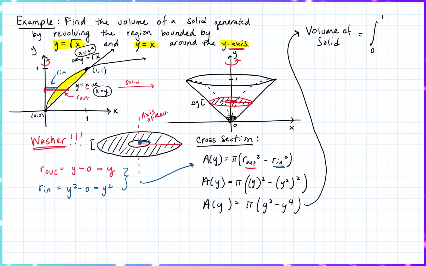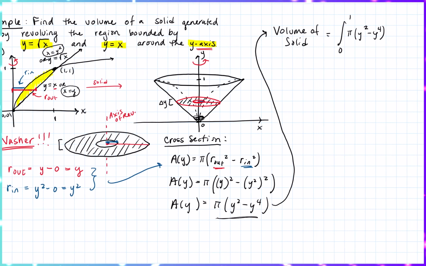So we're taking slices that look like washers from 0 to 1, and the area of each of those washers is pi times y squared minus y to the fourth, with a thickness of delta y, so we're integrating with respect to y. That is the integral of the area function.